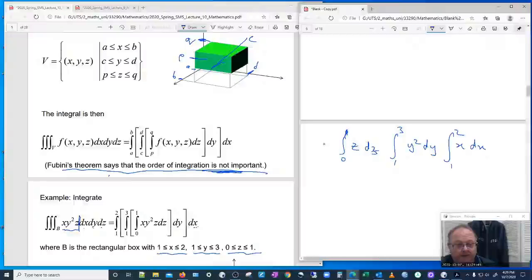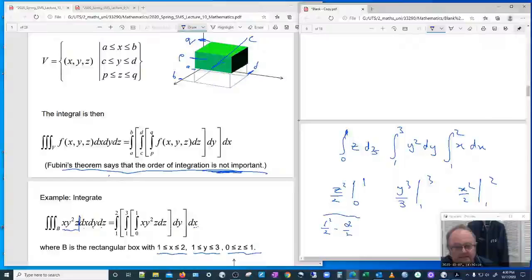Okay, so for this guy here, up and under, we'll end up with z squared over 2 between 0 and 1. We'll get y cubed over 3 between 1 and 3. We'll get x squared over 2 between 1 and 2. So we'll get 1 squared over 2 minus 0 squared over 2.